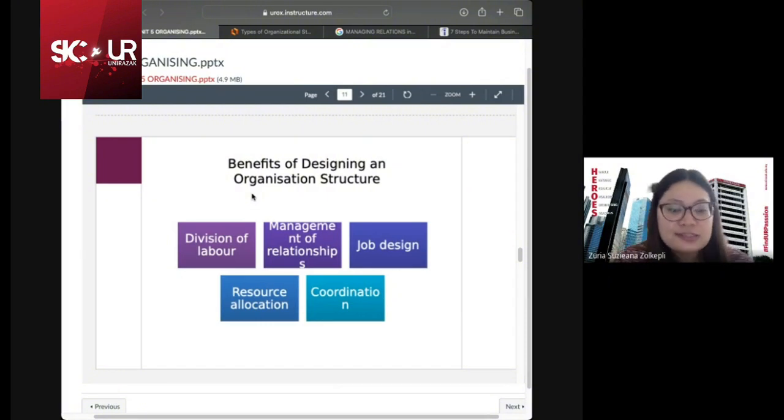Okay, and then it's important for resource allocation to maximize efficiency and effectiveness. And lastly is to better coordinate so that your company will be much in control, right? And there is no overlapping of job and so on. Okay, other than that is clarifying authority. So your employee should know who's in charge.